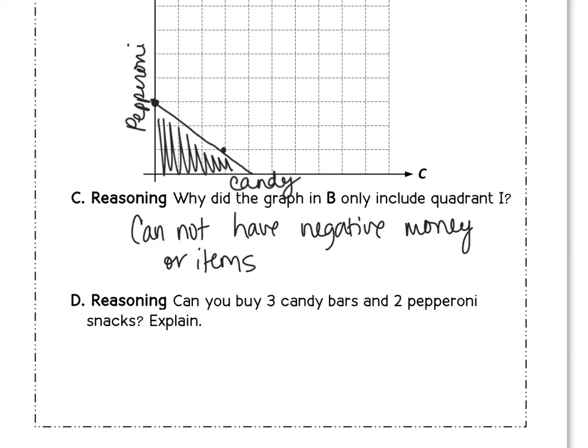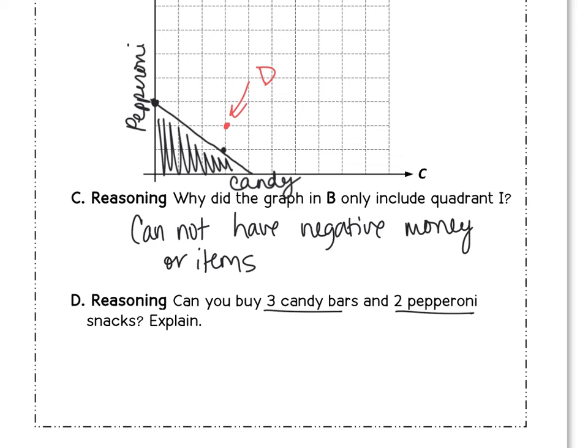And then part D says, can you buy 3 candy bars and 2 pepperoni snacks? So 3 candy bars, I'm going to do this on the graph first of all. So 3 candy bars is 1, 2, 3. That's for candy. And then 2 pepperoni sticks. That puts us up here. So for part D, 1, 2, 3, 1, 2. That right here is where part D is, and that's not within our region.